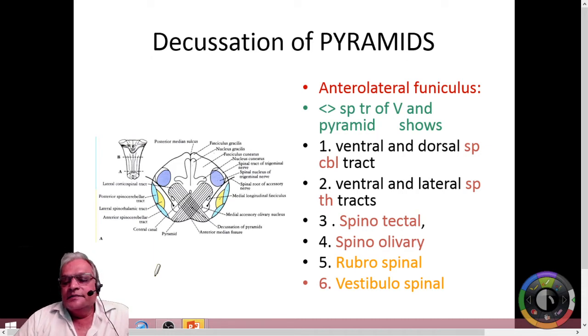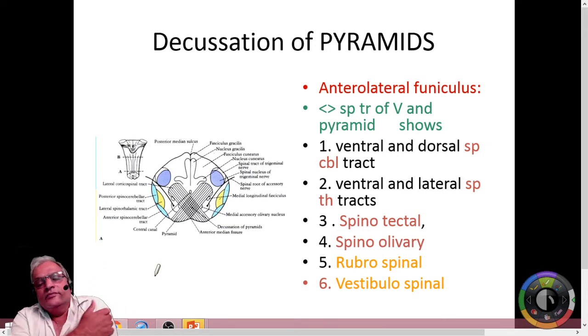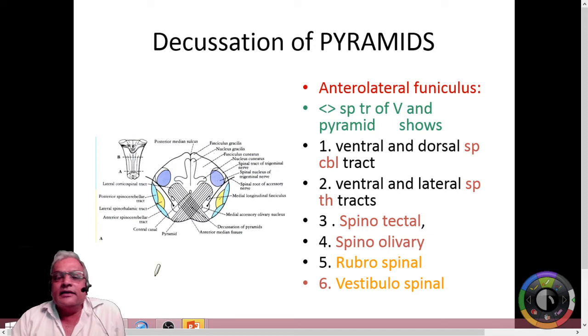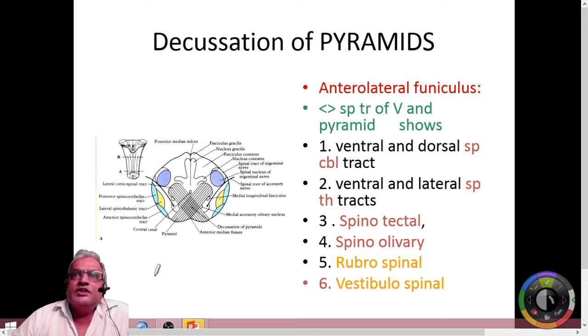It connects the sensory tract with the superior colliculus of the midbrain. Now, what is its function? If somebody calls you like this, you look behind. That is the spino-visual reflex, which is mediated by the spinotectal tract.